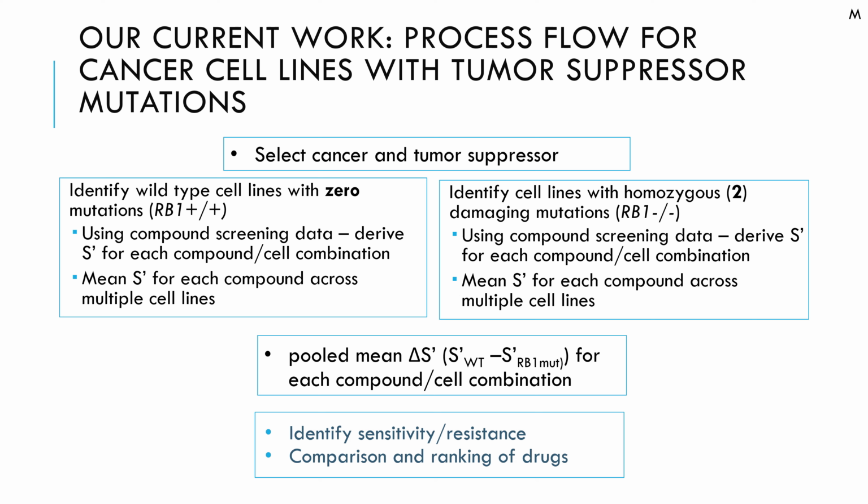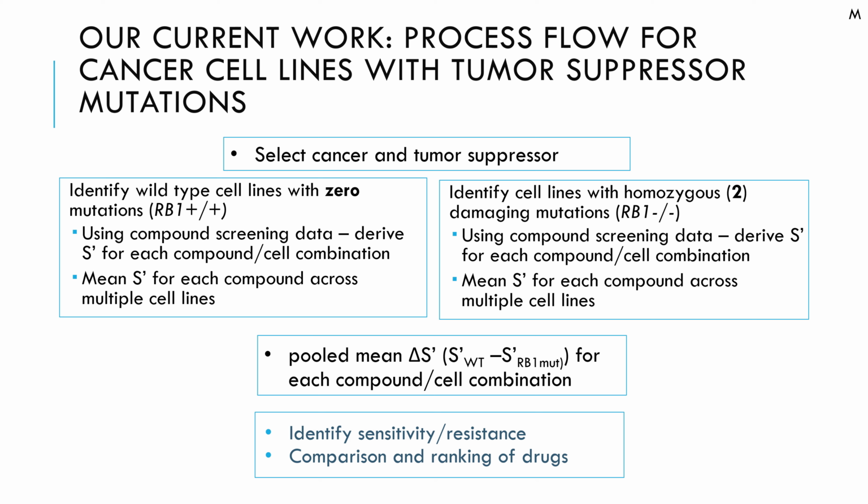Then we're going to look at this pooled mean value, which is just saying we're looking at the difference between what it did in this wild type, the situation where this tumor suppressor was fine, and what it did in the population where the tumor suppressor was mutated. And presumably if you're seeing something going on in the tumor that's not going on in the normal tissue, that's meaningful, right? And that's in fact what we want to go after. Again, looking for that difference between what's going on in tumors versus non-tumor.